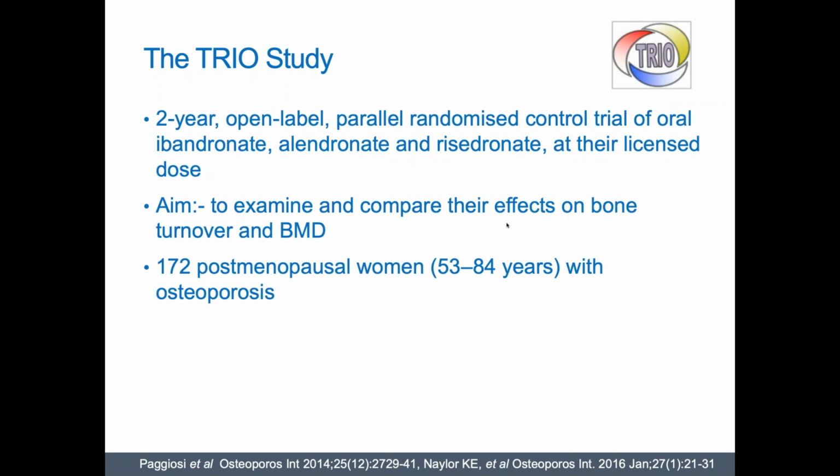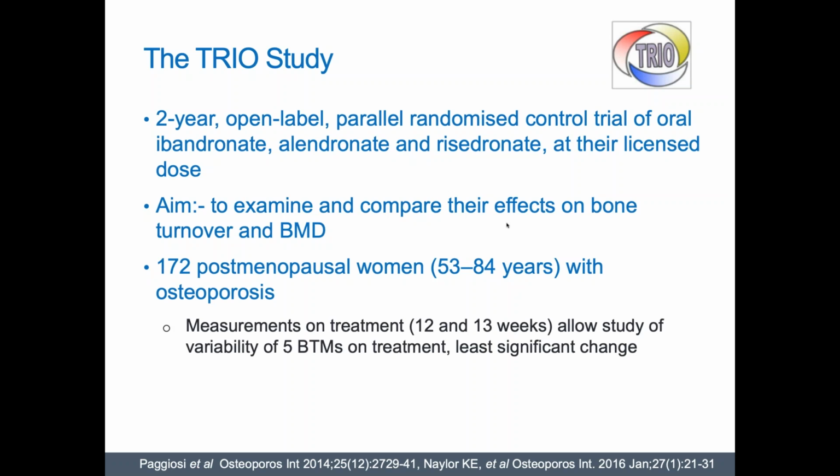And we did 2 things that made this into a special study that helps us with monitoring. The first thing was that we estimated for both bone density and for bone markers the least significant change in all the patients. And so by making measurements on treatment at 12 and 13 weeks, we were able to estimate for 5 bone turnover markers and several bone density sites the least significant change, which I'll explain in just a moment.